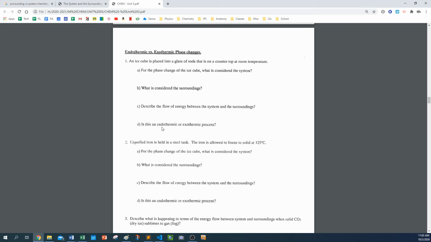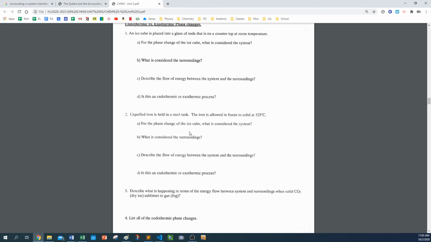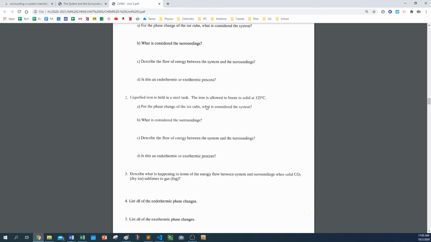The ice is physically doing something. It's undergoing a change. So: liquefied iron is held in a steel tank. The iron is allowed to freeze to solid at 125 degrees Celsius. For the phase change of the iron, and this should be of the iron, not the ice cube, what is considered the system?